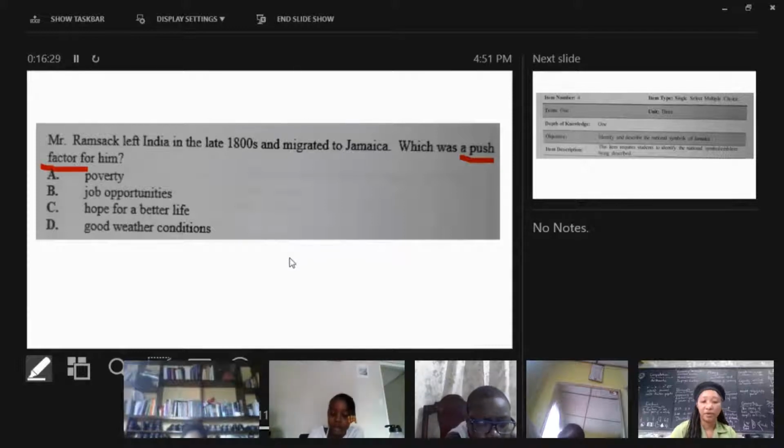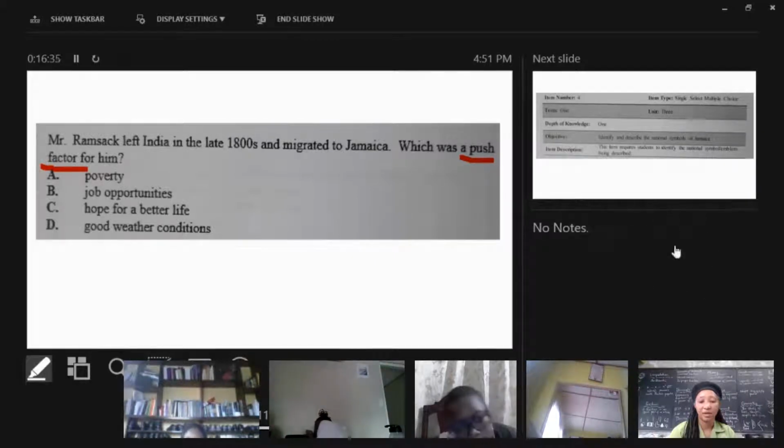So that's number 3. Which one would push him away from India? Which one, miss, would be a push factor? A. Poverty. All right. So Michaela, Nia, Legende, Antoine, they're saying poverty.